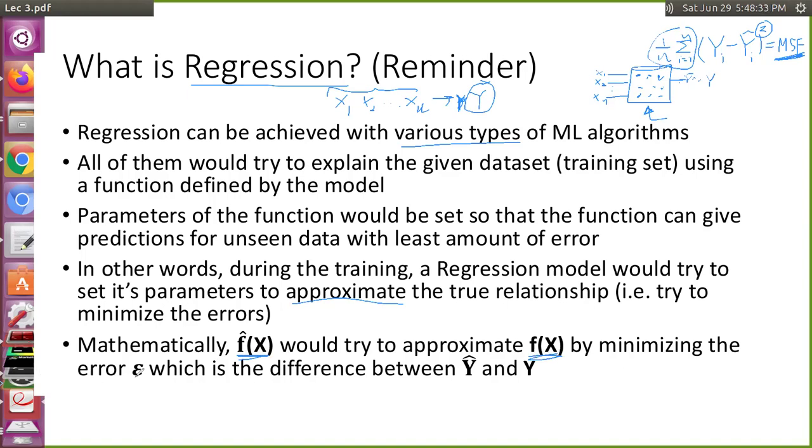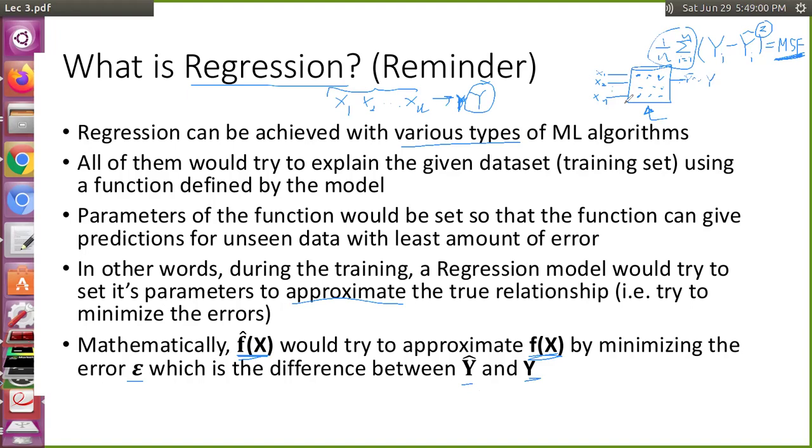For that we are trying to minimize the epsilon. Epsilon is actually the difference between y hat and the y. By doing that, we get the values for these parameters. So once we get the optimum set of parameters, then the regression is finished, right?